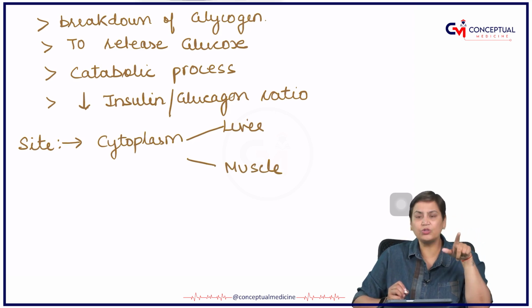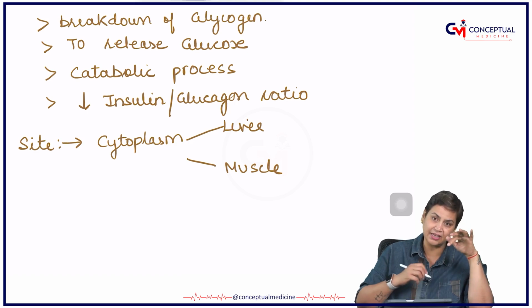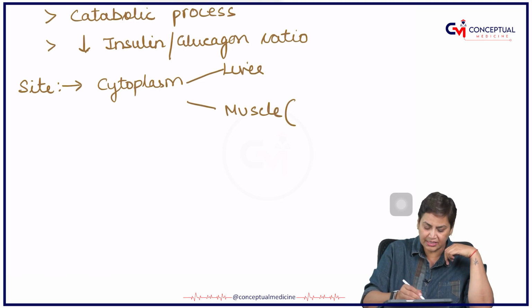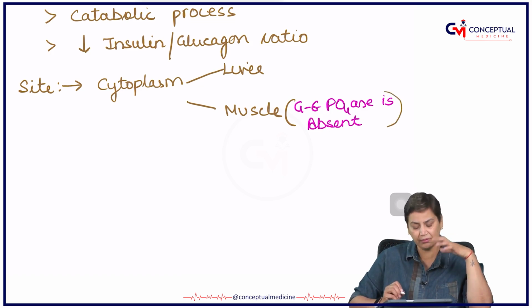But the most important difference between glycogenolysis occurring in the liver and the muscle is, in the muscle, glucose 6-phosphatase enzyme is absent. This is a very important point to remember, right?